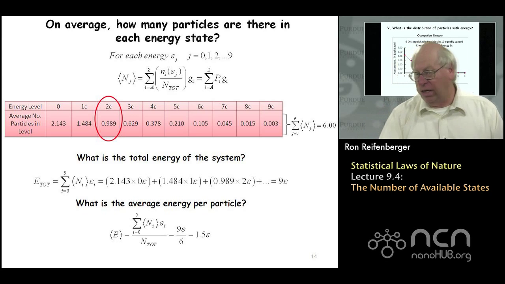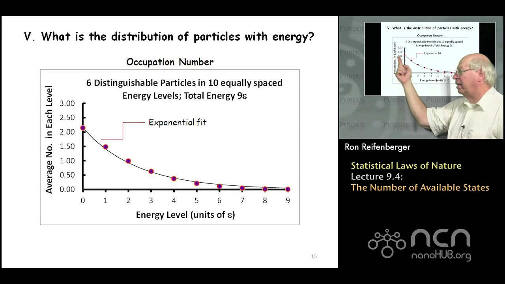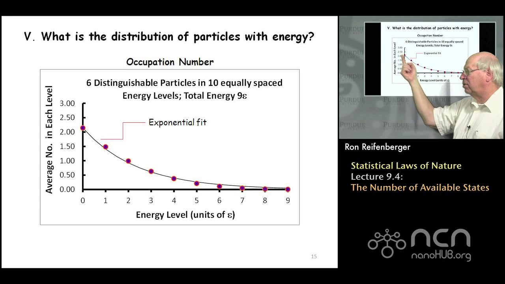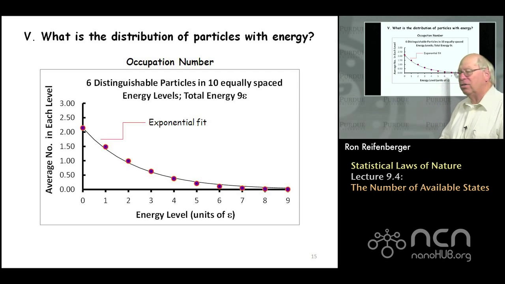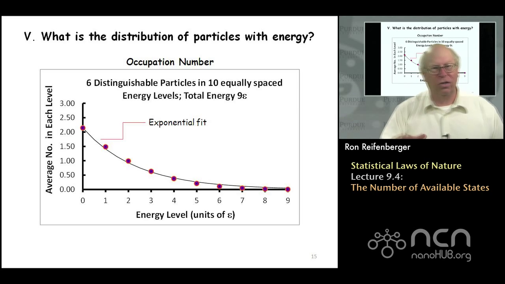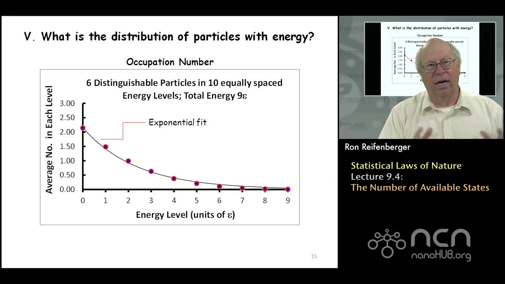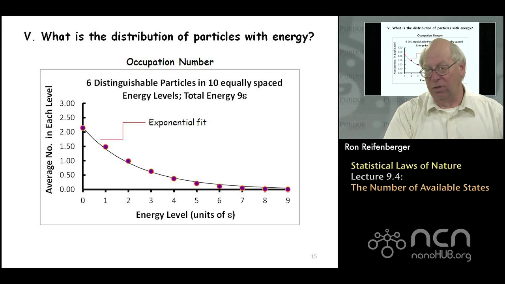The last thing I'll mention is that if you plot these average number of particles in a given energy level versus energy, you get a chart that looks like this. You can fit that distribution of particles to an exponential, which is what I've done with this solid line. So you can see that these particles are going to distribute themselves in energy exponentially, which is what you would expect based on, let's say, the Boltzmann distribution function, right?